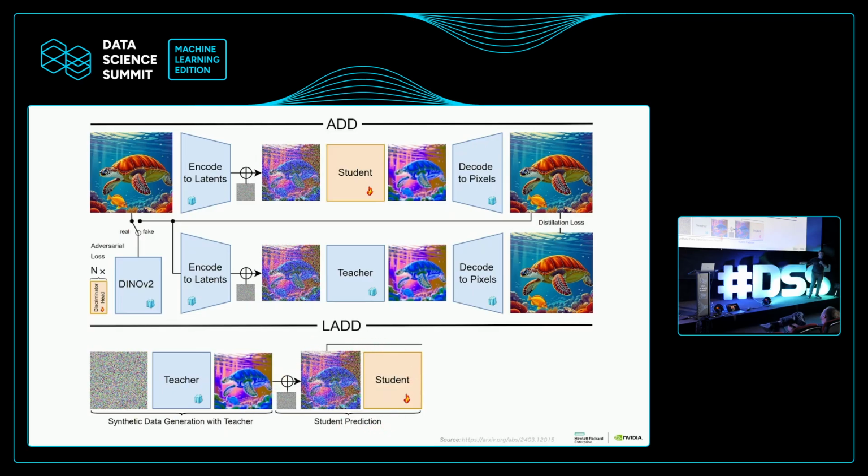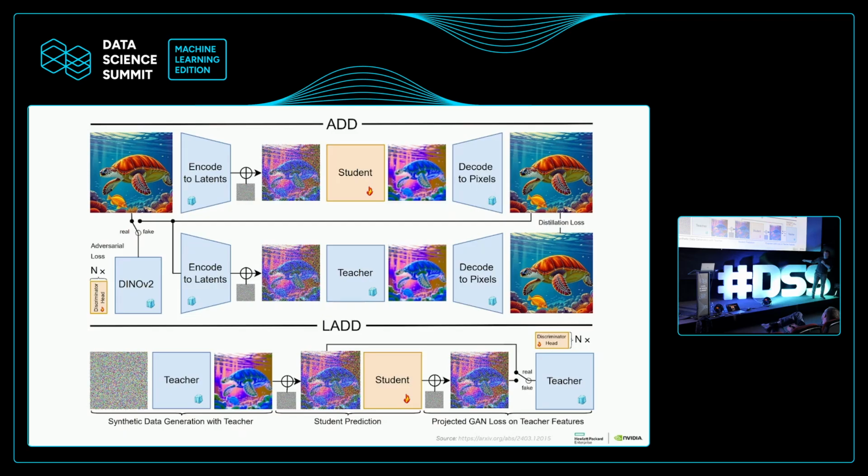We add some noise to these synthetic images and ask our student model to remove the noise from the image. After that, we use, once again, a discriminator that will discriminate between images generated by the student and images generated by the teacher.